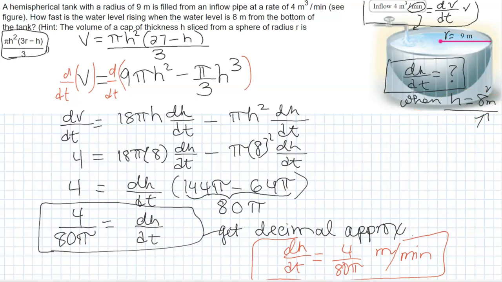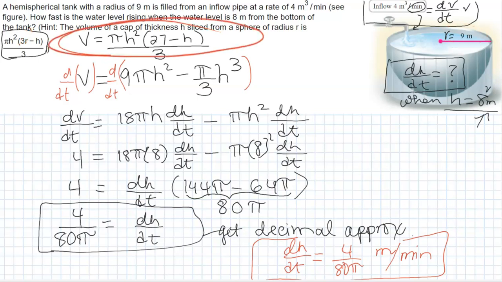This problem actually gives you an equation to work with. The equation has r in it, but as defined by the problem, r is the radius of the tank, which is 9. That's not going to change, so we can plug in 9 right here.